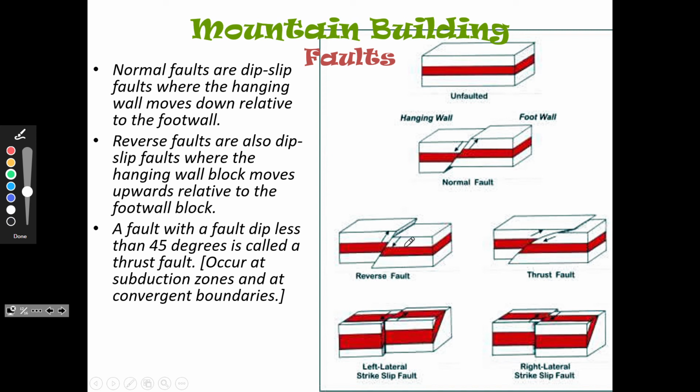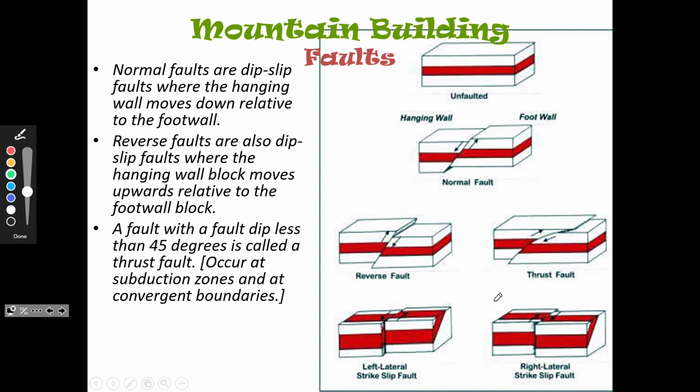And if the angle at which that happens is a low angle, like it says here, less than 45 degrees, like we see here, then that is called a thrust fault. So a thrust fault is a type of reverse fault.